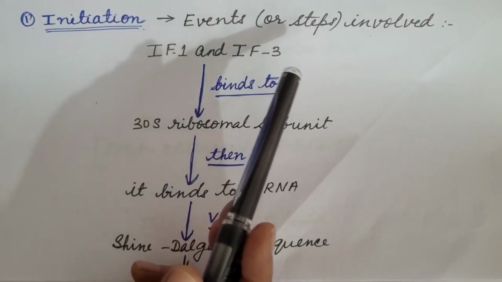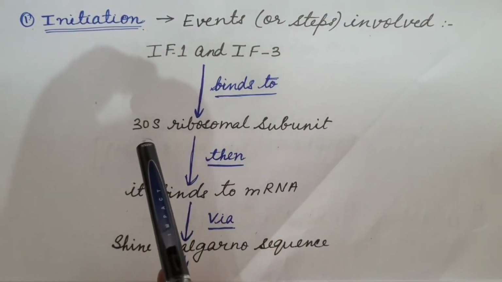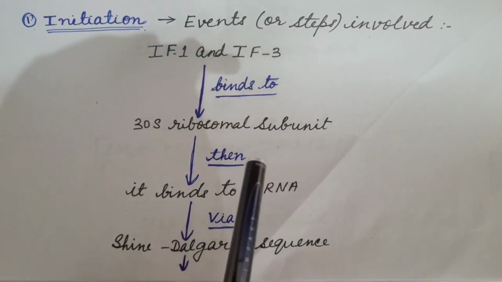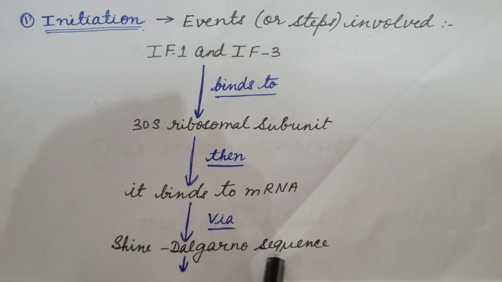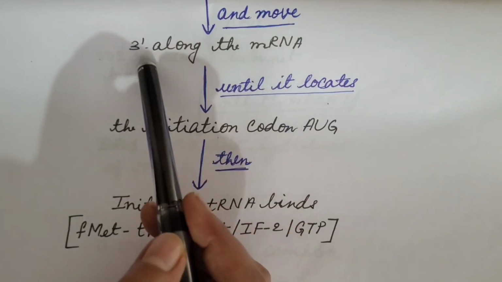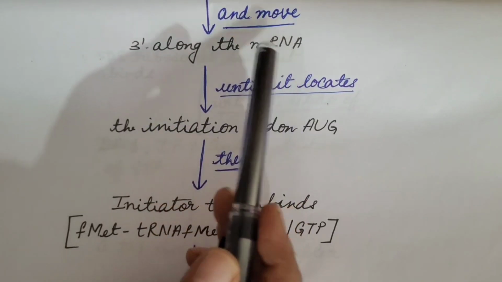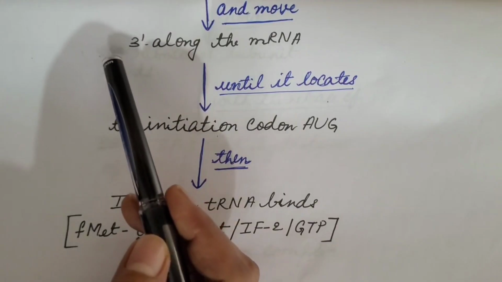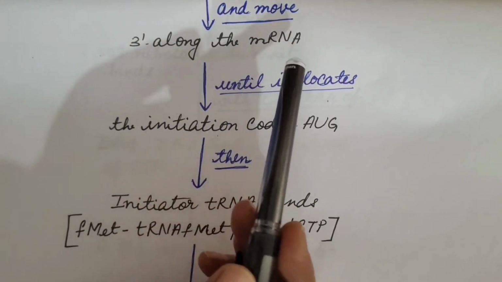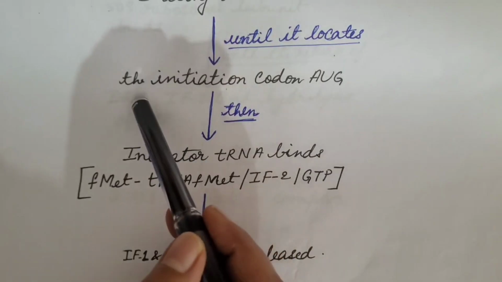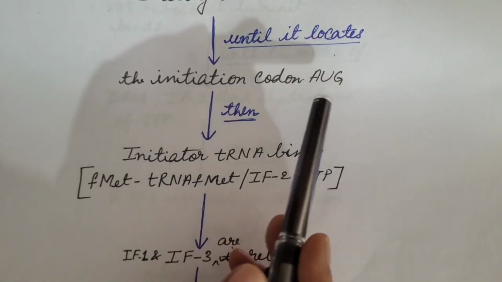Initiation factor 1 and 3 bind to the 30S ribosomal subunit. Then it binds to messenger RNA via the Shine-Dalgarno sequence and moves in the 5' to 3' direction along the messenger RNA until it locates the initiation codon AUG.